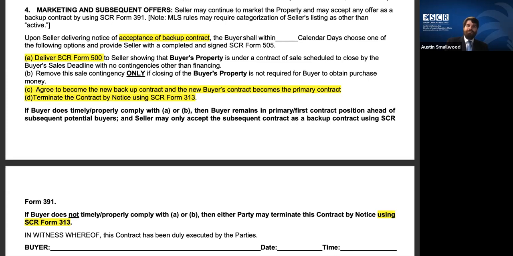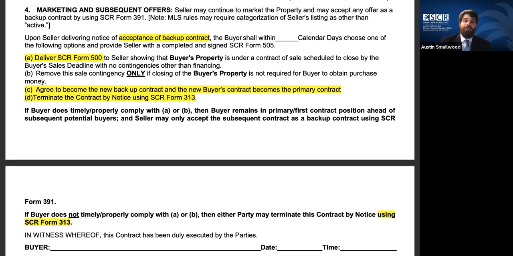There are sort of two schools of thought with this. There's A and B, which are things the buyer can do to remain on the primary contract. And C and D will mean that they're either going into backup position or they're going to be out completely. In A, the buyer can deliver to the seller a Form 500 showing that my Ohio house is still under contract, set to close. The only thing we're contingent on is financing, because, like an SCR contract, financing actually runs through closing.